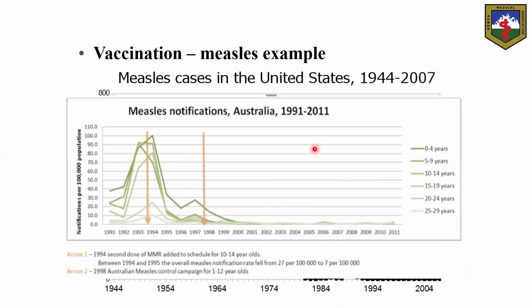This is data from Australia from 1991 to 2011, again, still measles. Looking at, in the early 90s, there were a good number of cases. And then the first arrow was when the second dose of measles, mumps, and rubella vaccine was added. And then in 1998, there was a measles control campaign among 1 to 12-year-olds.